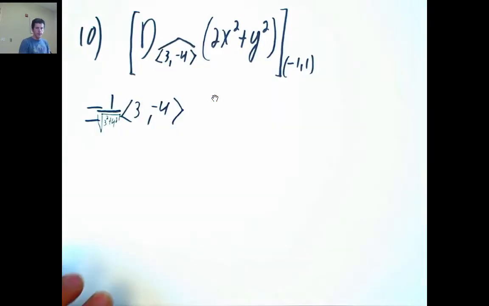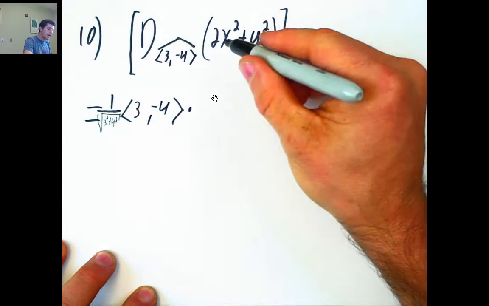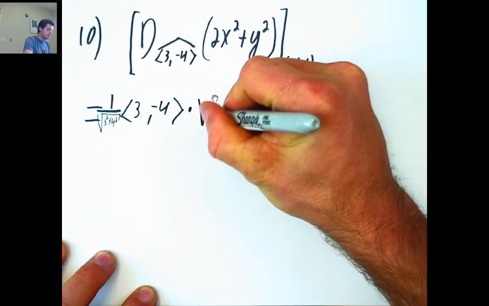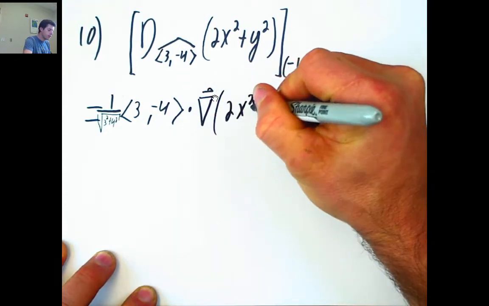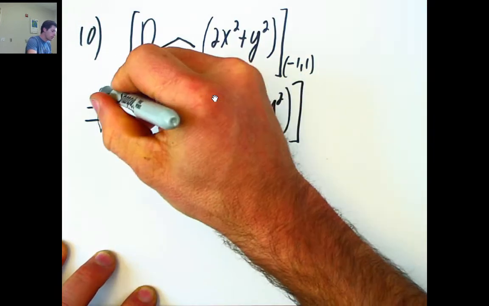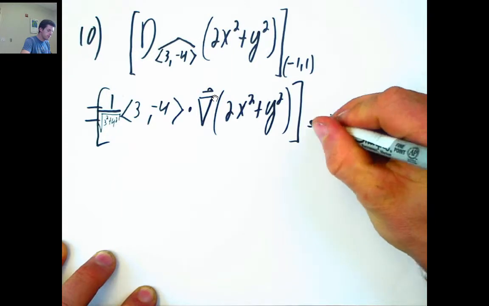And that needs to be dotted with the gradient of this. The gradient of 2x squared plus y squared. And we just take that whole thing and evaluate it at negative 1, 1.